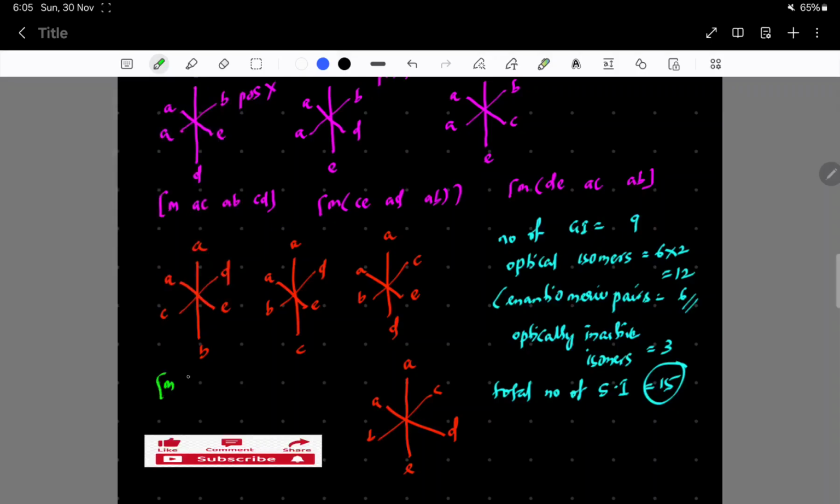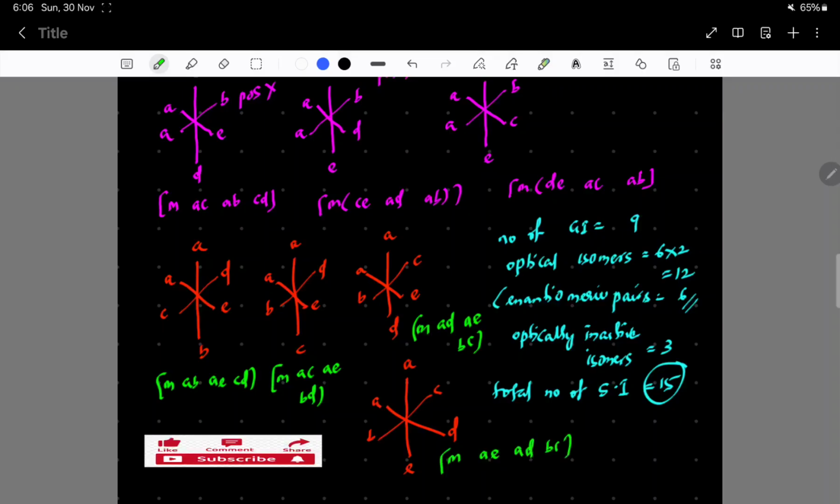Now look, this I can write AB, AE, CD, and one more combination you can check: AC, AE, BD, and one more combination, AD, AE, BC, and this combination AE, AD, BC.